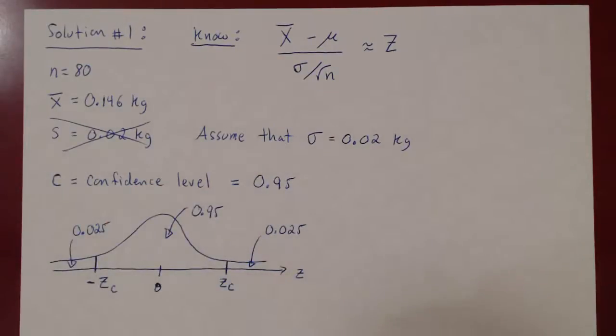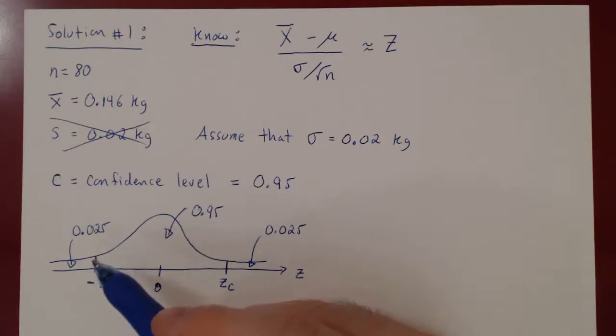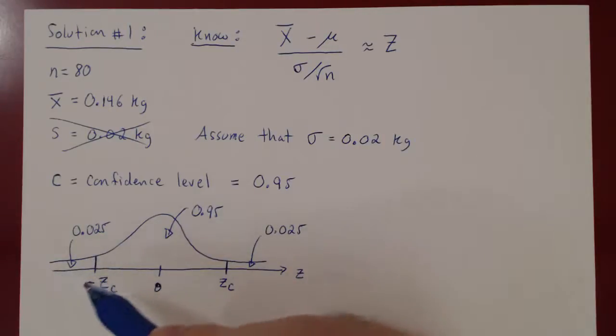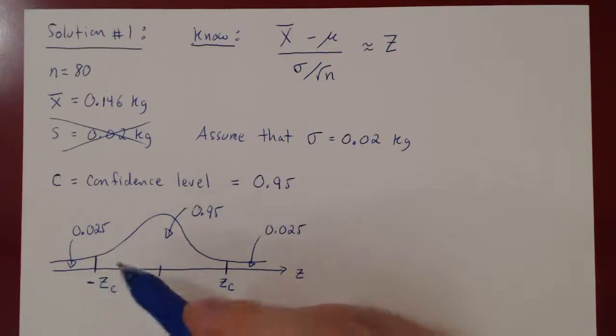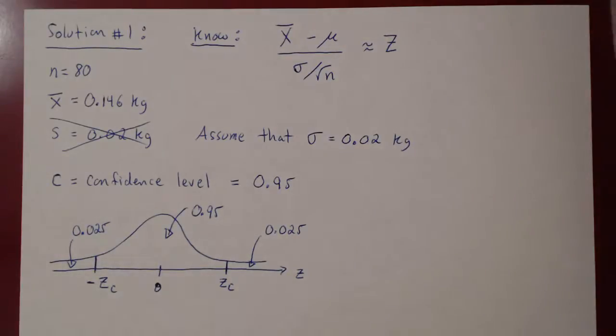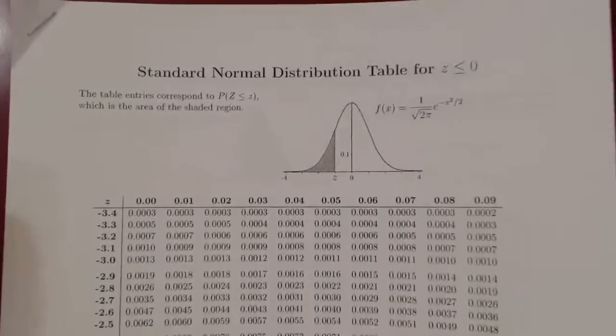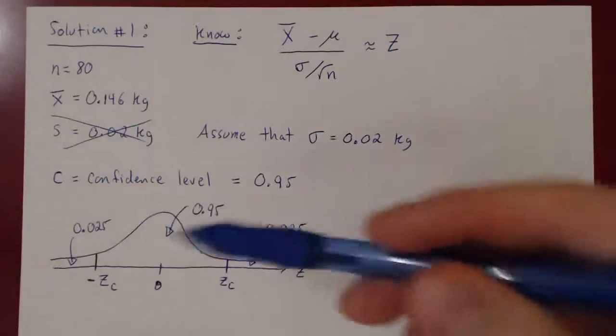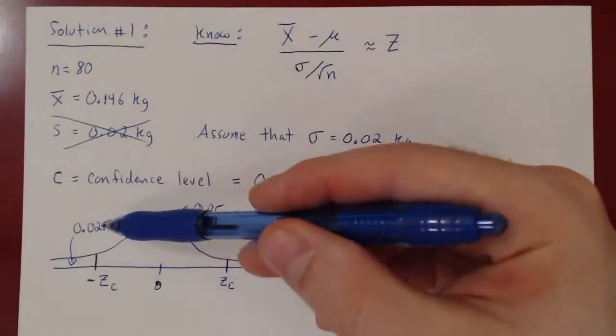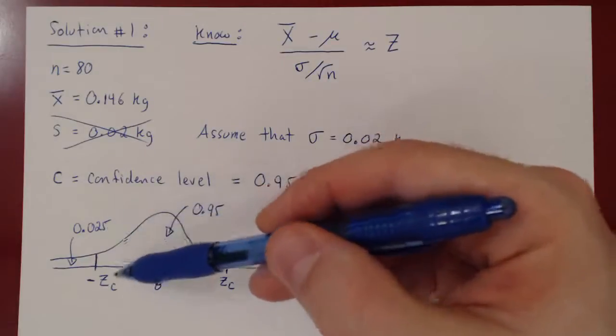And now we have the standard inverse z problem. If you look at the left endpoint, negative zc, we know the area to the left of negative zc is 0.025, and we want to find the corresponding z-score. So we use our table of the normal distribution, the first side, and we're looking for a probability closest to 0.025, so we can then extract the z-score.